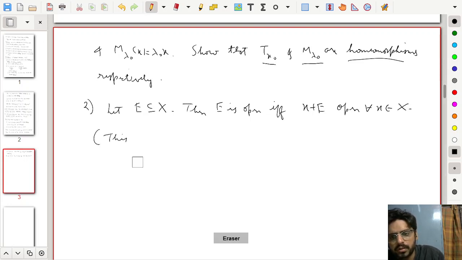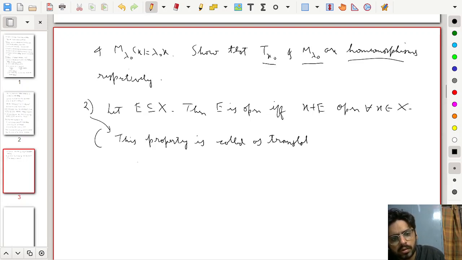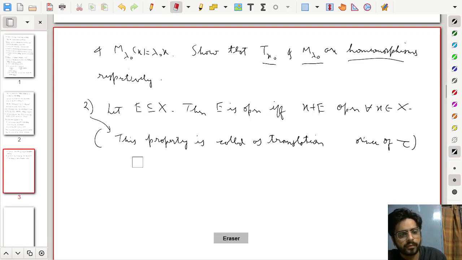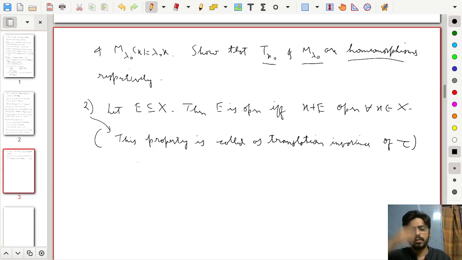This property 2 is called translation invariance of tau.